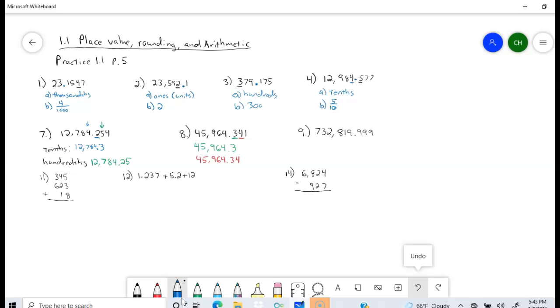All right, number 9 wants us to do the tenths first, right there. So I'm going to have 732,819 point. Oops, I got ahead of myself. This one will trick you.